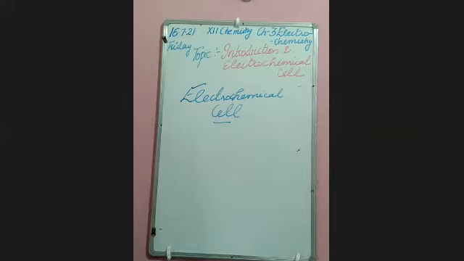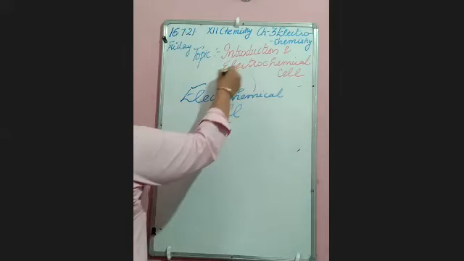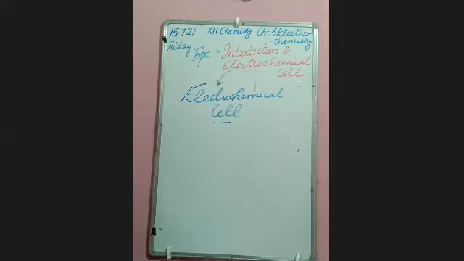Electrochemical cell. In this we will learn how electricity is produced from chemical reactions. An electrochemical cell is a device which is used to convert chemical energy, as the name says, into electrical energy.